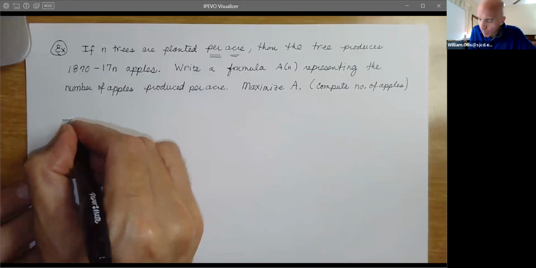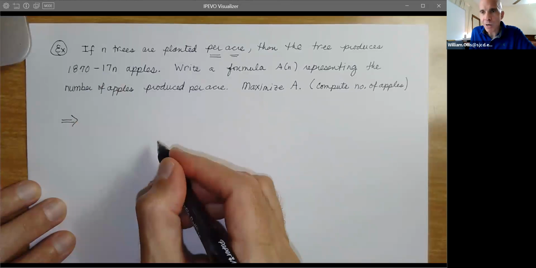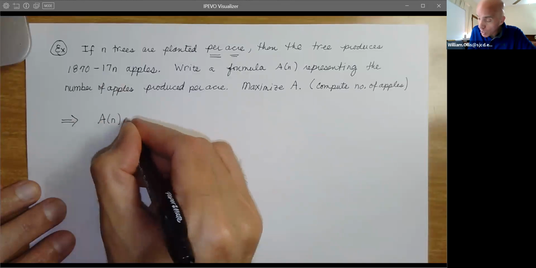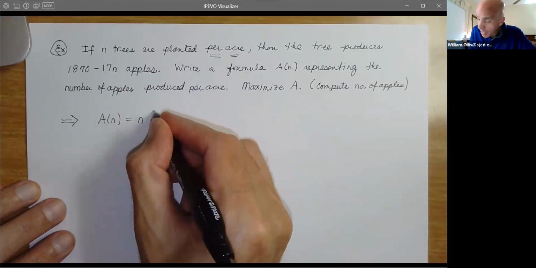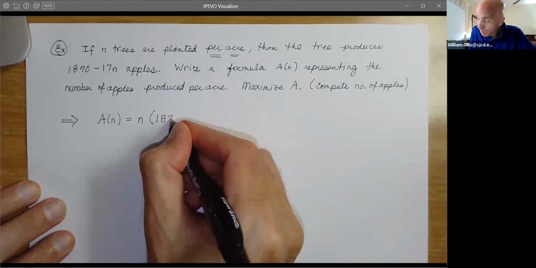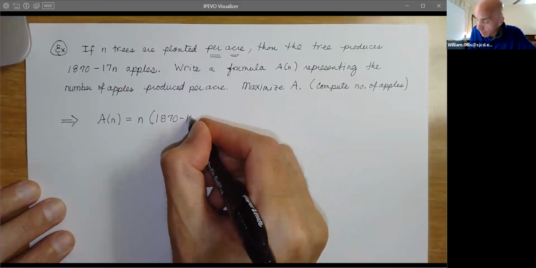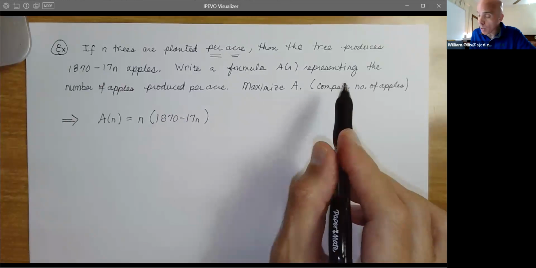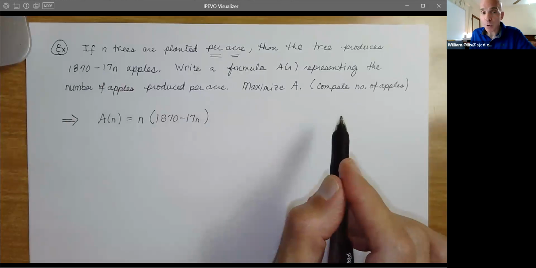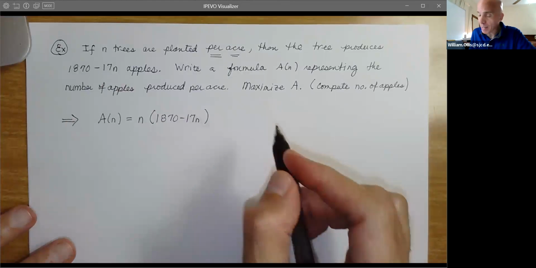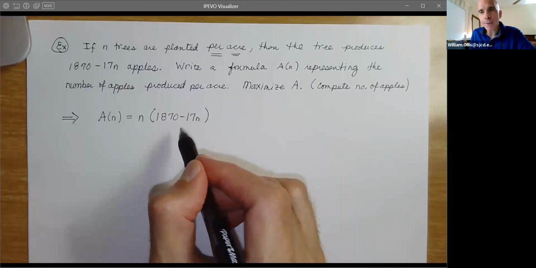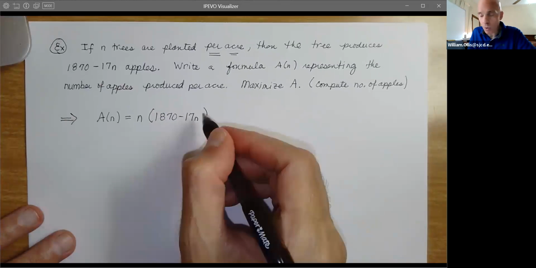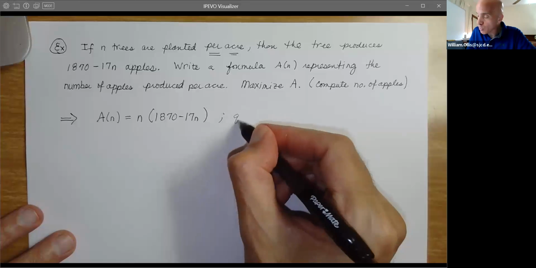So that's the easy part. You're thinking I made such a difficult question out of this. It's not hard. So A sub n will just be n times the output per tree, because we want to write a formula that represents the number of apples produced per acre. So here's our quadratic, and you're thinking, that's even better than the last problem, because at least it's factored somewhat. So we'll just say quadratic function.